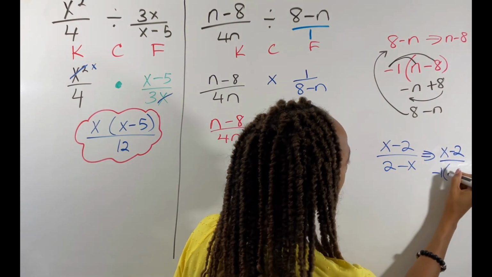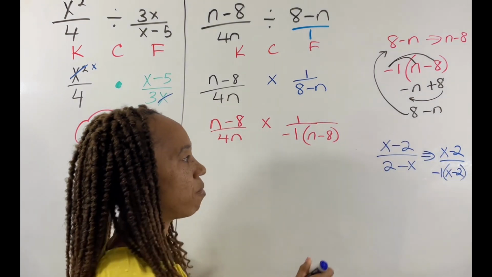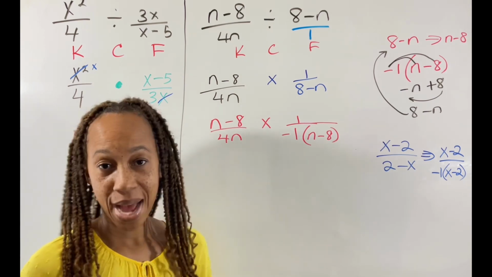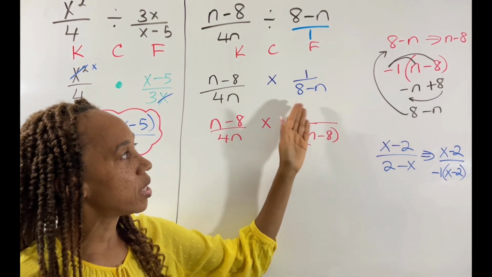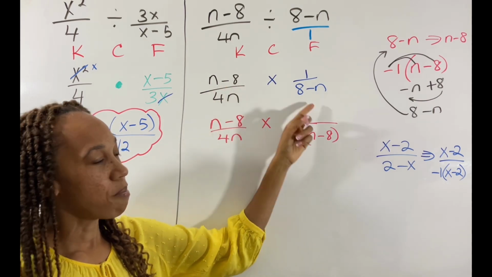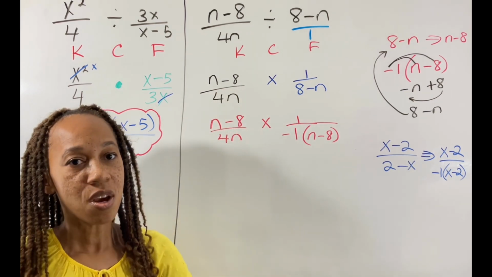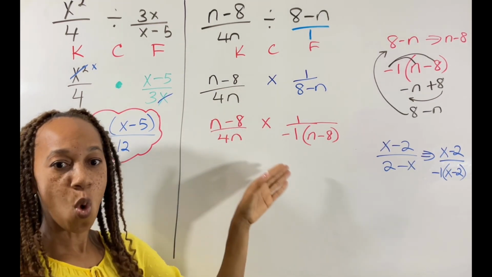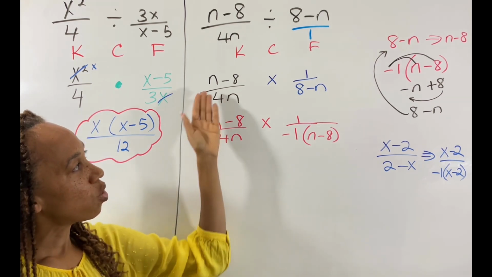You take that out and you have x minus 2 here, and then you will be able to cancel these two out because they are a match now. So you have to do that when you are dealing with any expression that looks almost like a match but it's not exactly a match. We call it the additive inverse, right? And so you have to take out your negative 1, factor it out so that it can look like a match.